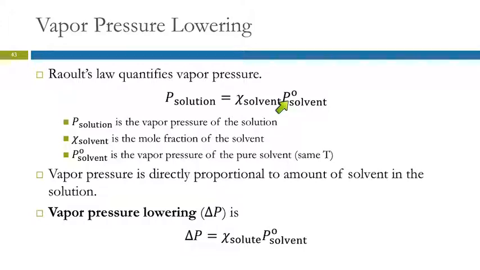And the vapor pressure would be equal to the pressure of the pure solvent. If this mole fraction was half, 0.5, 0.5 times the pure solvent vapor pressure, the vapor pressure will be cut in half. Vapor pressure is directly proportional to the amount of solvent in the solution.